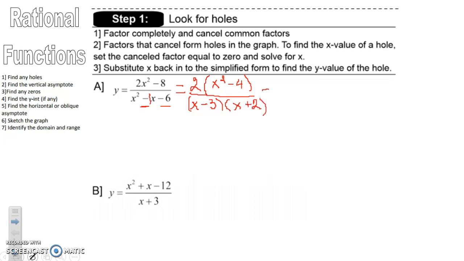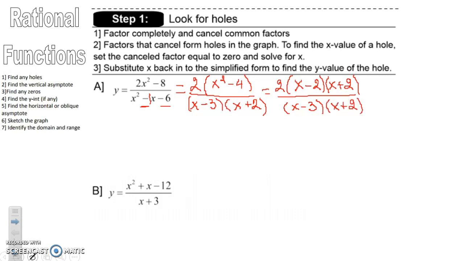Well, I can still factor the numerator by doing 2 times x squared minus 4, that is the difference of squares formula that I have been referring to a whole lot. So we have 2 times x minus 2 times x plus 2 over x minus 3 times x plus 2.